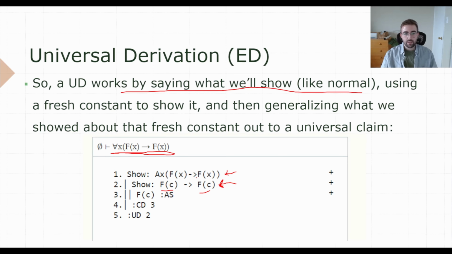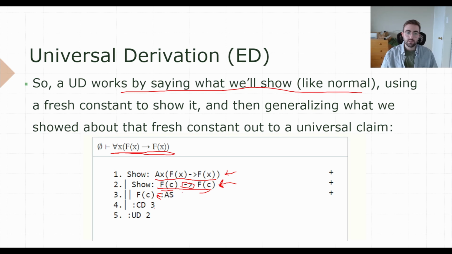So you can see, we have this large universal claim we want to make. We decide, okay, if we can show it's true for some random arbitrary constant, in this case c, which we do, we show, if you assume c is f, because we're doing conditional derivation, right, where the arrow here is the main operator. If you assume c is f, then you get c is f, right?